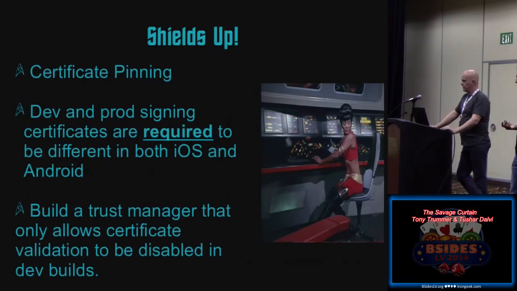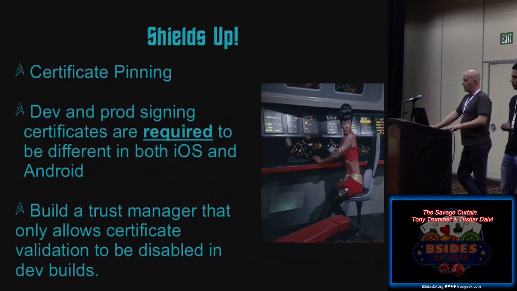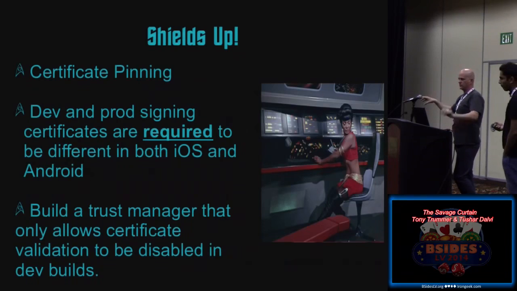But Tushar and I are both big fans of self-defending code, and what we thought of is to eliminate the chance for human error. We found what we think is a novel concept, or at least a novel implementation, which was the fact that the IDEs for both Android and iOS have essentially development signing certificates that they use when you're doing stuff in QA and development.